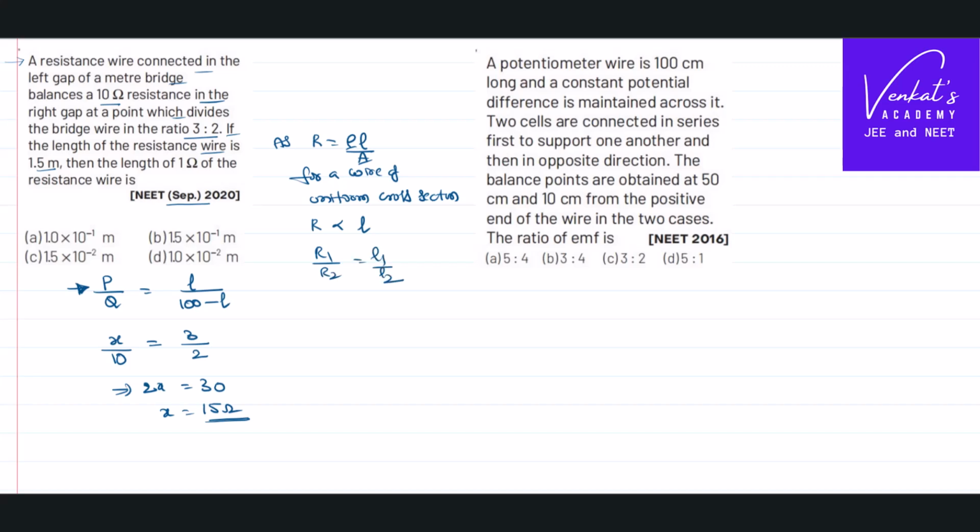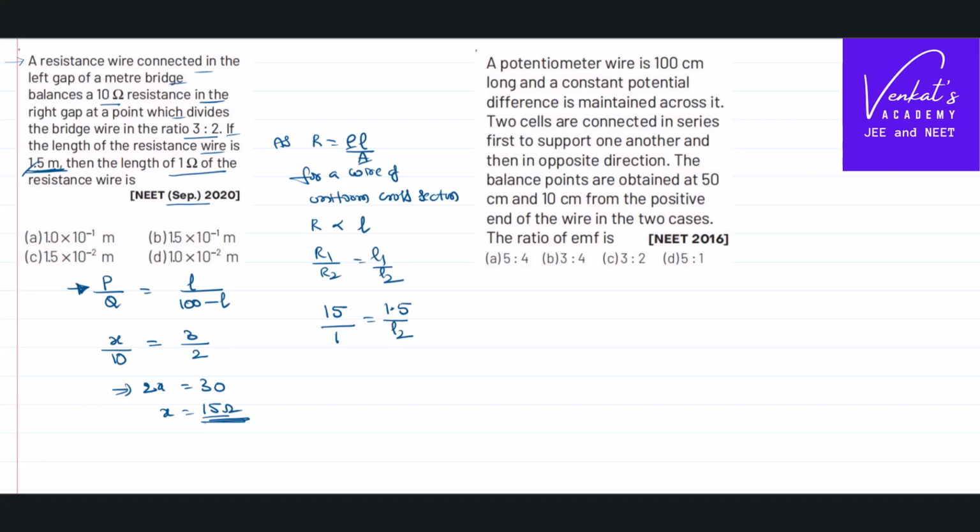He is saying the resistance of that unknown wire is x, that we have calculated. It has a length of 1.5 meter. So, R1 is 15 like we have calculated, L1 is 1.5. He is asking, if the resistance is 1 ohm, what is its length?